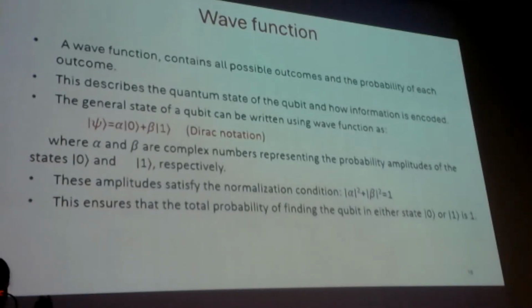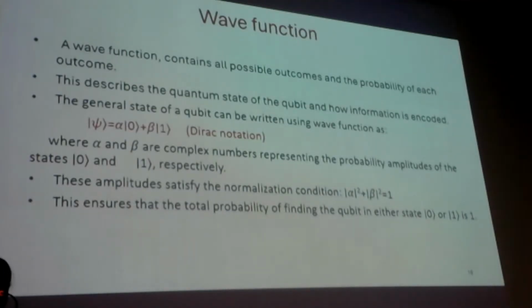So that's called a ket 0 and a ket 1. Alpha square is the probability of it being 0. Beta square is the probability of it being 1. It is a superposition, which means it's a combination with alpha and beta complex numbers representing probability amplitudes of state 0 and 1.